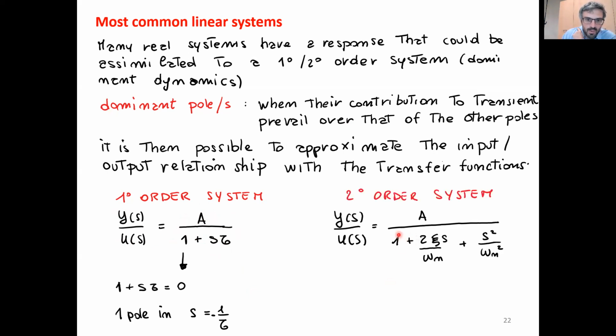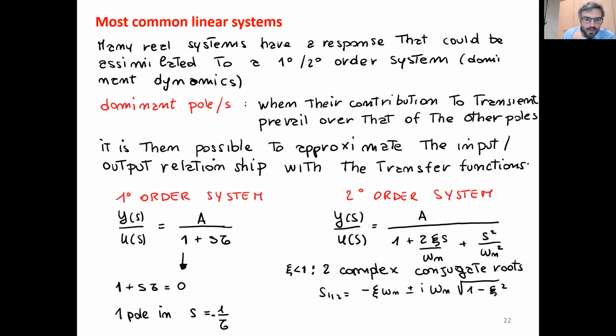While for a second order system, you have this transfer function that you can write this way. You have the term omega n that we call the natural frequency, and the z term.